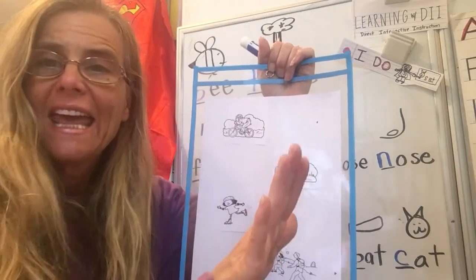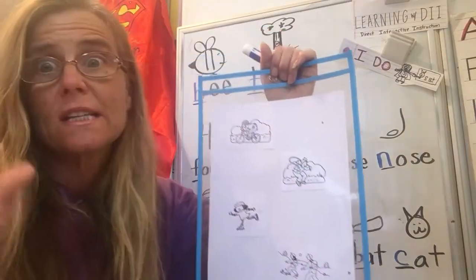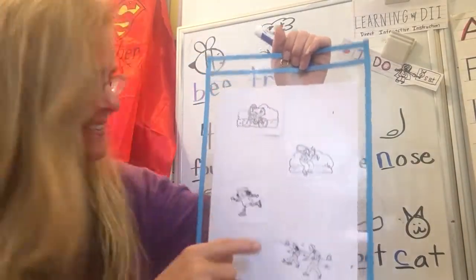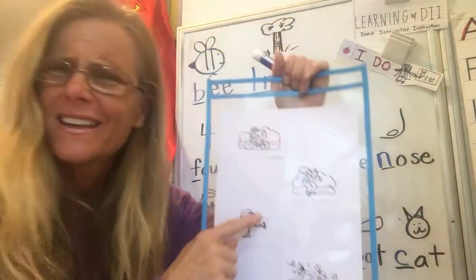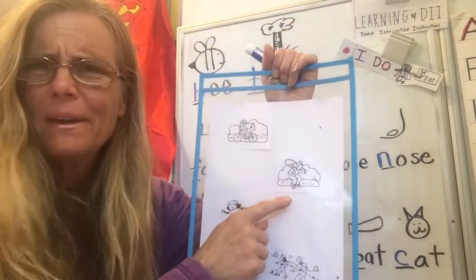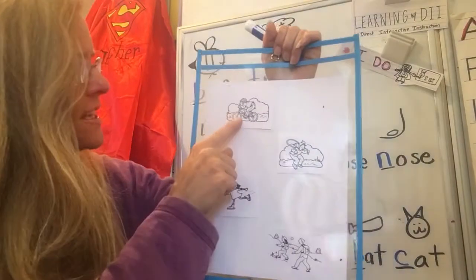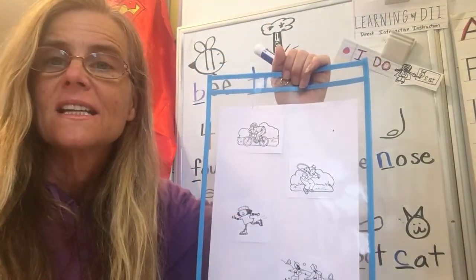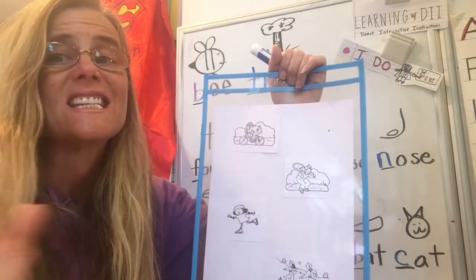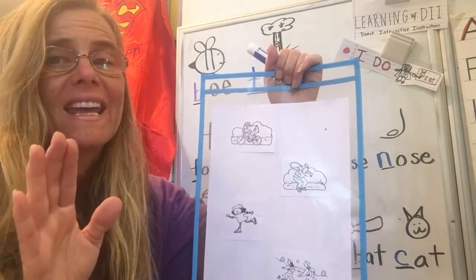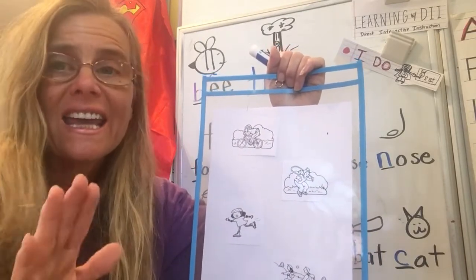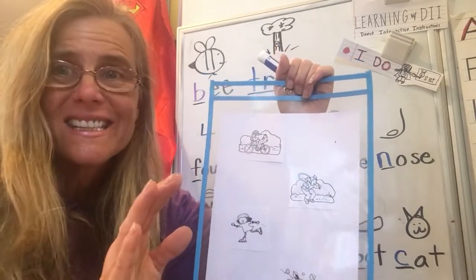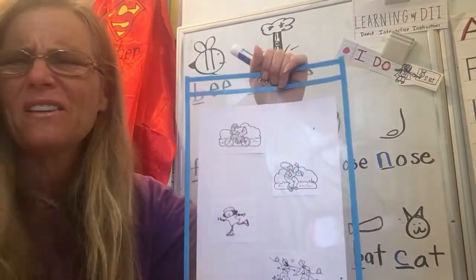Skate. Eight. Ump? No. Let's try this one. B, ike. Skate. Bike. Ike. Eight. No, that doesn't sound the same either.